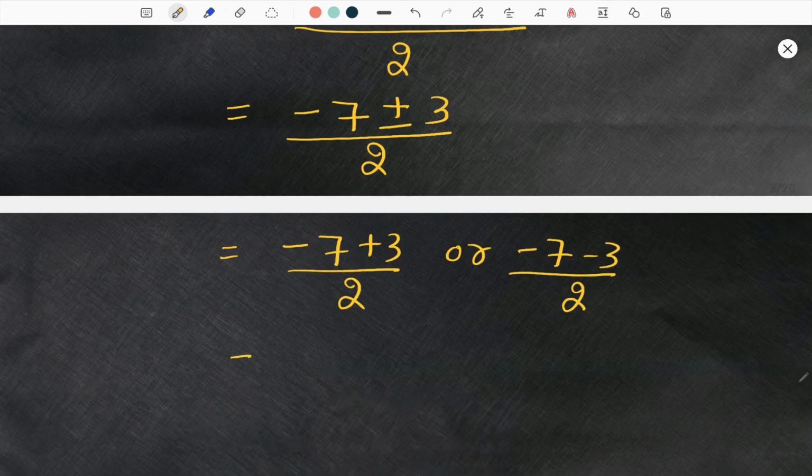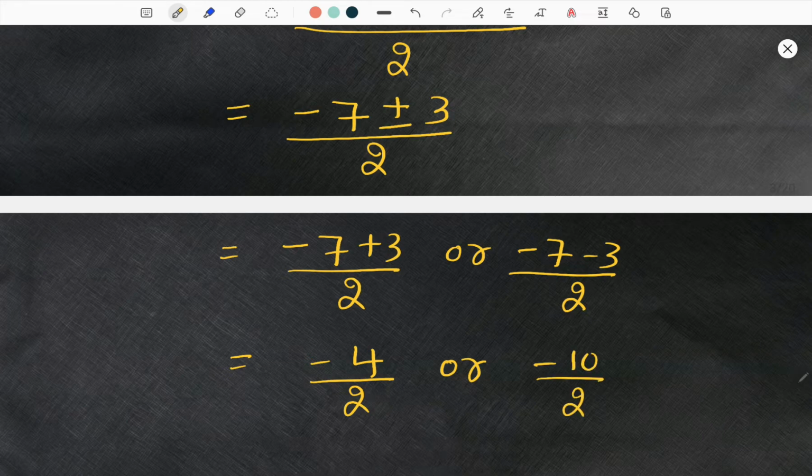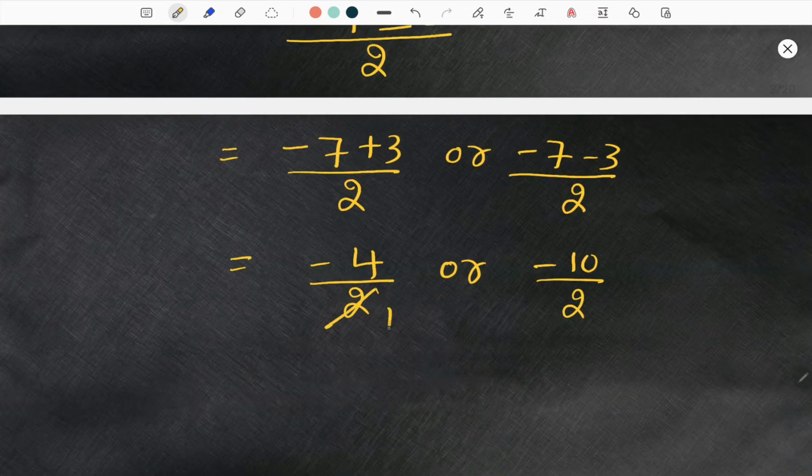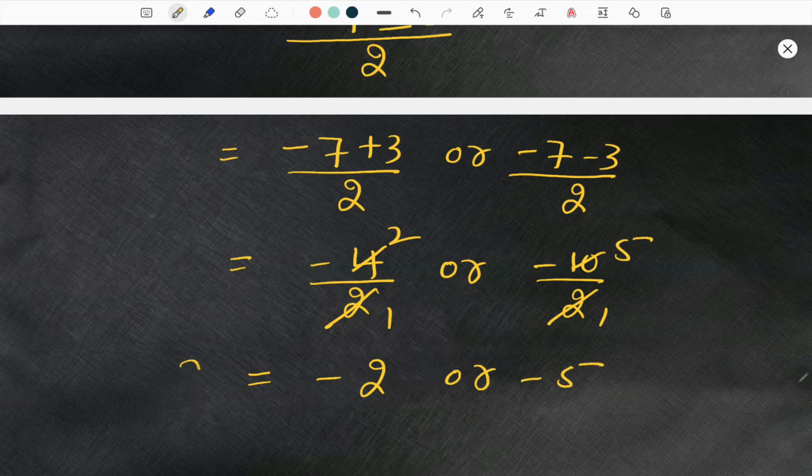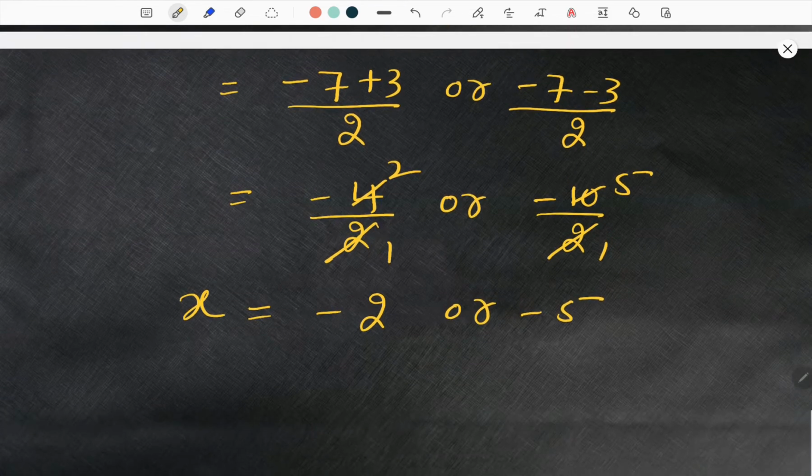So I get minus 4 divided by 2 or minus 10 divided by 2. Basic calculation must be known to you. 2 1s are 2, 2 2s are 4, 2 1s are 2, 2 5s are 10. Then you get minus 2 or minus 5. So x is equal to minus 2 or minus 5.